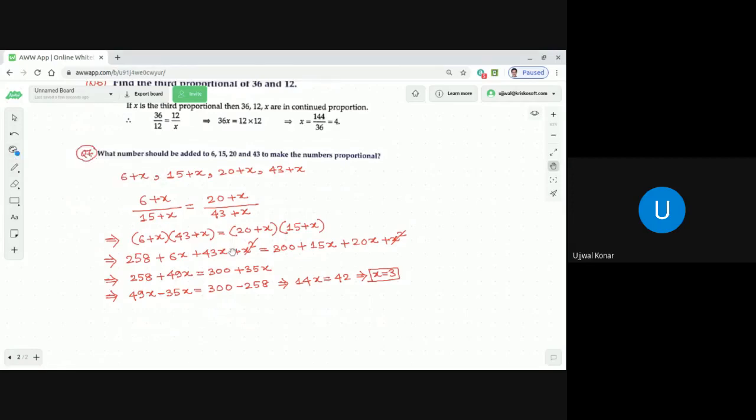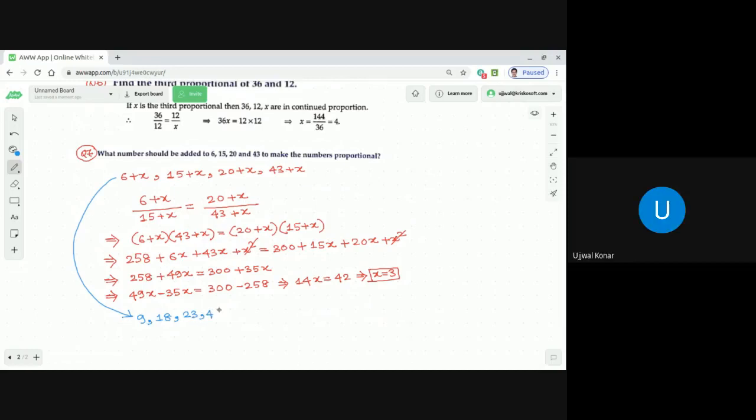You can add that 3 with each of these four numbers. Then what are you going to get? 6 plus 3 is 9, 15 plus 3 is 18, 20 plus 3 is 23, correct? 43 plus 3 is 46.